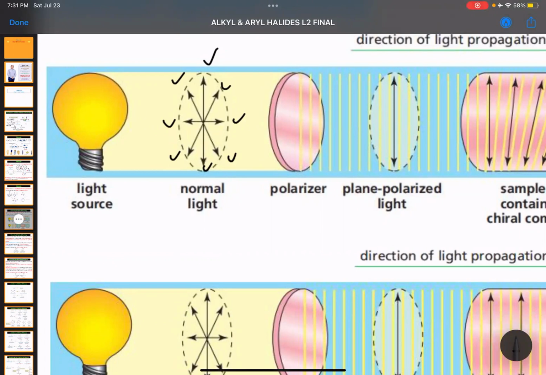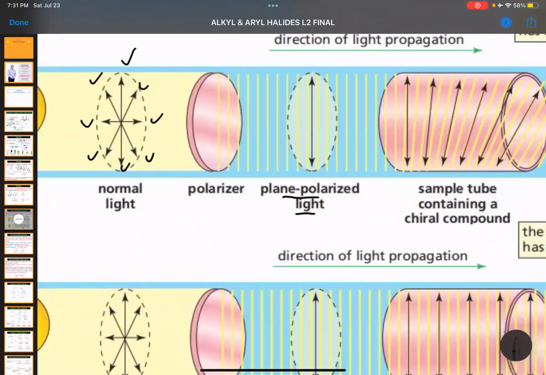After passing through the polarizer filter, you have only one type of light in which the electric and magnetic fields are oscillating in only one direction, one plane, and this is known as plane polarized light, PPL. Okay, clear? Any doubts? No, sir.